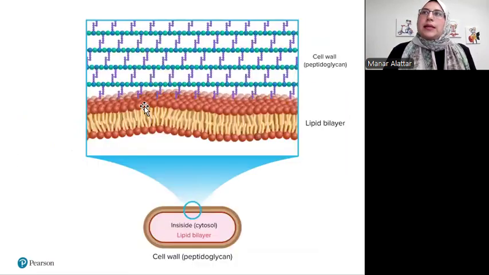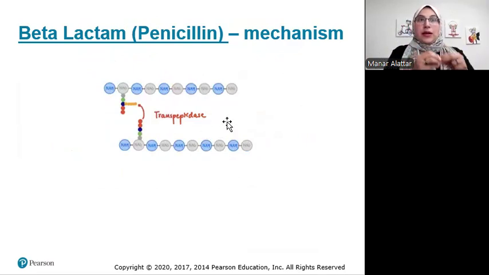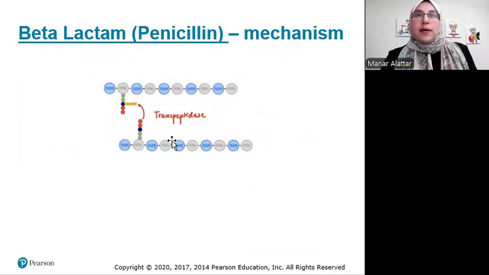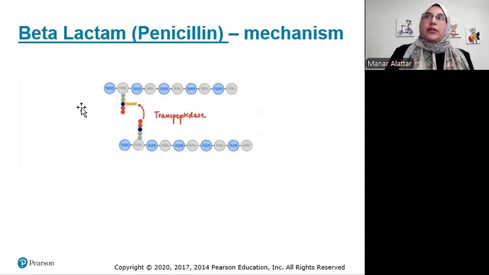So if we go back to this image here, these purple cross linkages, okay? This is an enzyme called transpeptidase, and it essentially just makes those connections. As the bacteria is growing and reproducing, this transpeptidase just connects those links between the layers of the peptidoglycan cell wall. And that's how the cell grows. That's how the cell maintains its integrity over time.